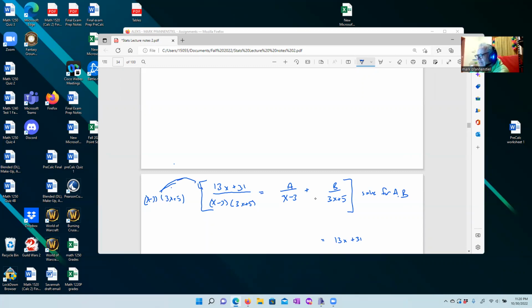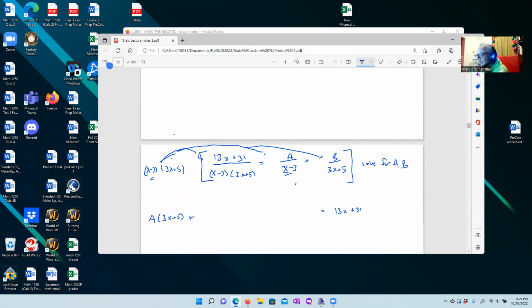Now, when it gets to the A part, do you see that the x minus 3's are going to cancel? What are we going to be left with? We're going to have A times 3x plus 5, plus, and we have to distribute this to every term. For the next piece, the 3x plus 5's are going to cancel, so we end up with B times x minus 3.